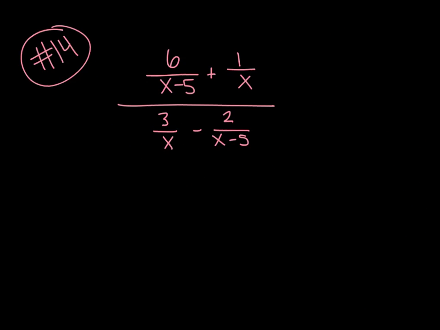Okay, so we've got 6 over x minus 5 plus 1 over x, all over, or divided by, 3 over x minus 2 over x minus 5. So, still the same thing. If you needed to factor the denominators, you would need to do that. But in this case, nothing's factored. You just need to look at every single denominator.